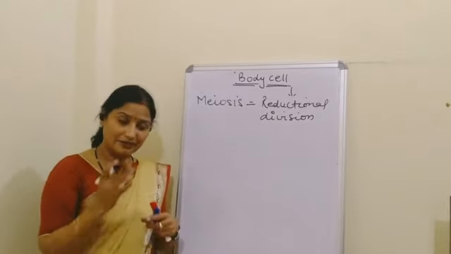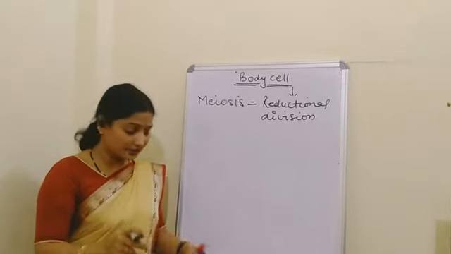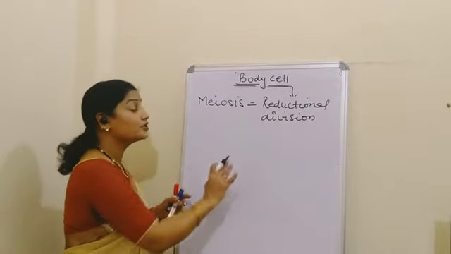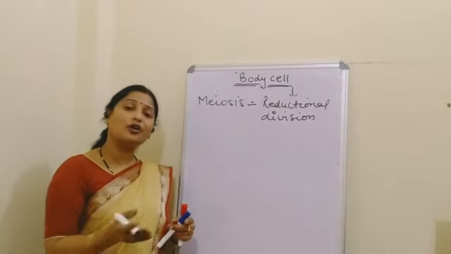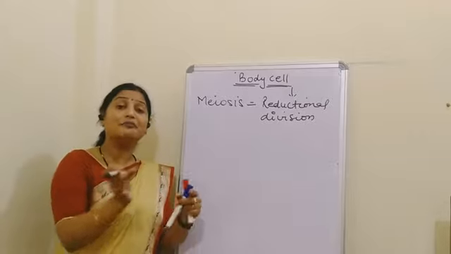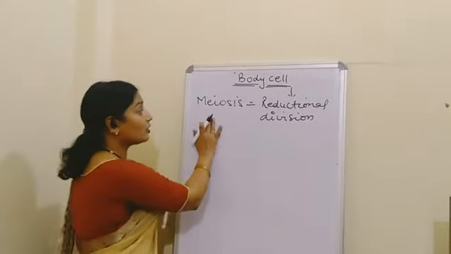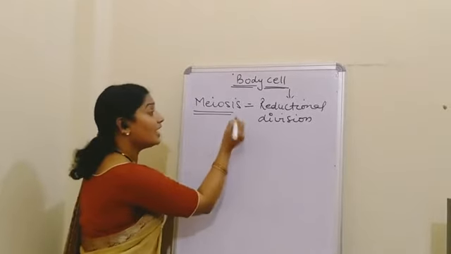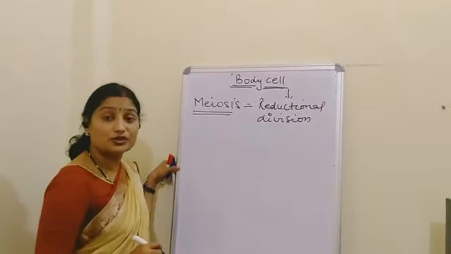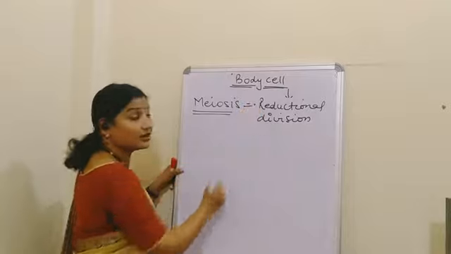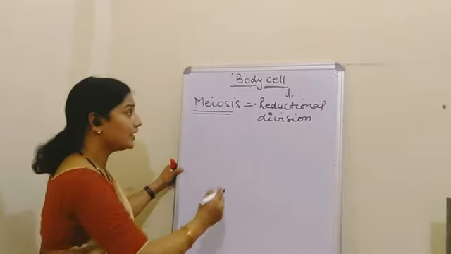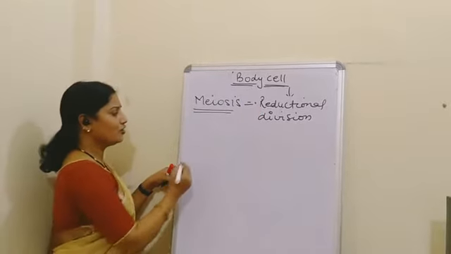Understood? Let me revise once again. The daughter cells which are formed after the division all have half the number of chromosomes as their parent. That is called meiosis, and this is the reason it is also called reductional division.